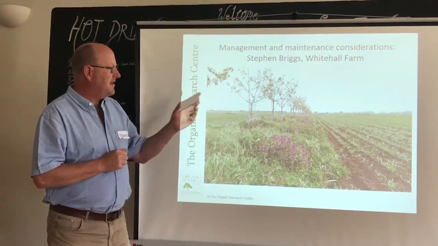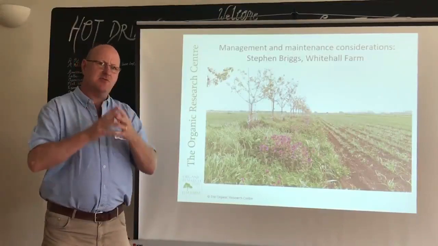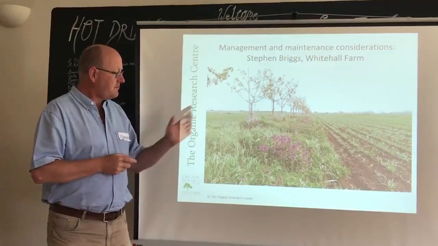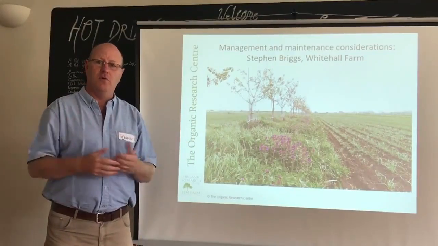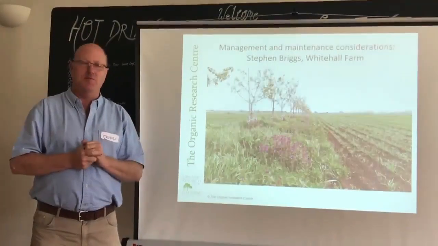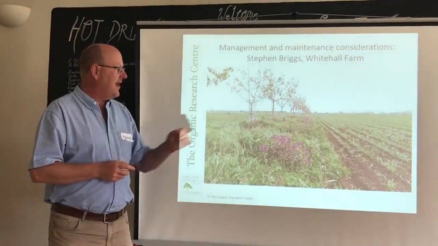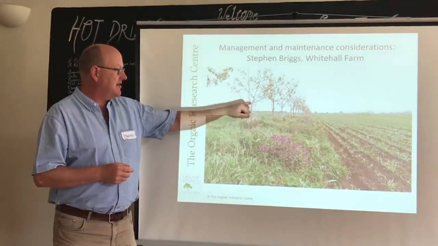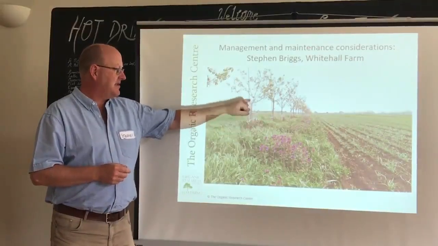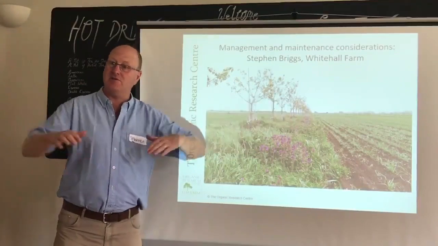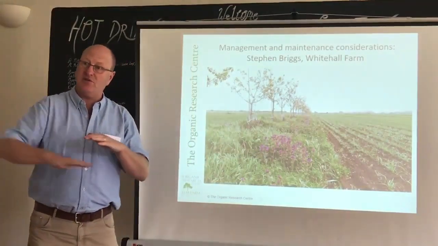And then you mentioned about the pruning. One of the decisions for all arborists or farmers is how I prune the trees. We have to make sure that we get a decent height in the main stem, and that it's fairly clean, so the canopy's high enough that we can get our machinery underneath.